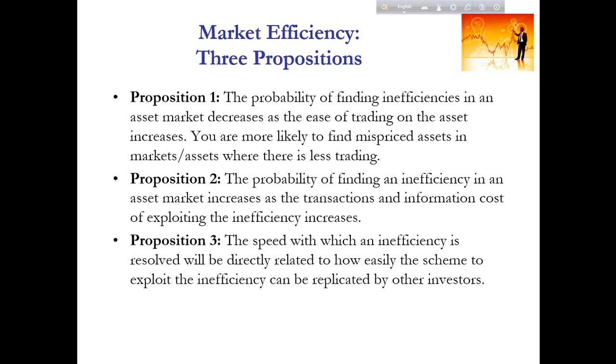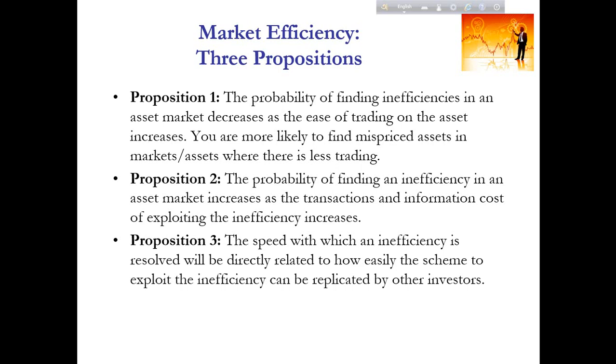There's going to be a lot of people trying to identify and exploit those opportunities, so price should quickly be returned to its fundamentals. Now, if you have got an asset that's very difficult to trade or not traded very often, then you might find that few people will be watching the market and there might be constraints on the arbitrage process. Hence, it's more likely that mispricing will be sustained in relatively less liquid markets.